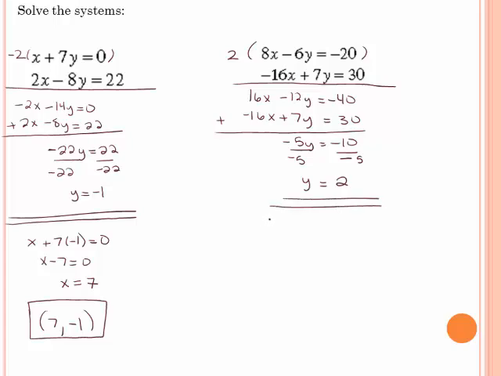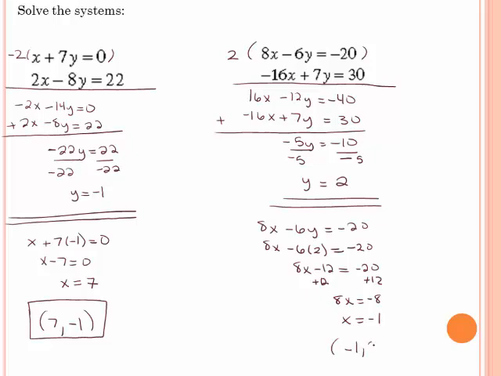Plugging that into either equation, I'll do 8x minus 6 times 2 is equal to negative 20. So I have 8x minus 12 is equal to negative 20. Add 12 to both sides, and I'll get 8x is equal to negative 8, which gives me that x is equal to negative 1. And so my solution is negative 1, 2.